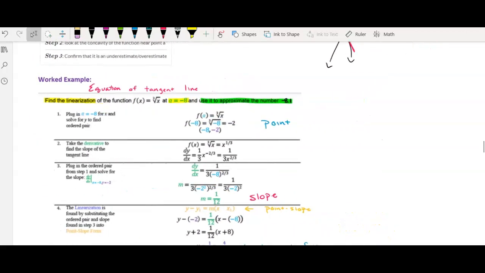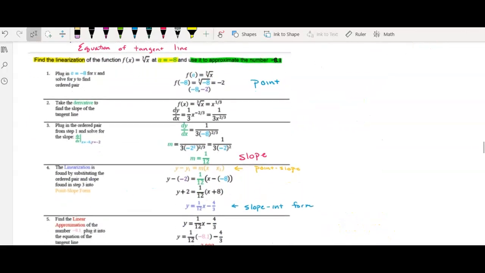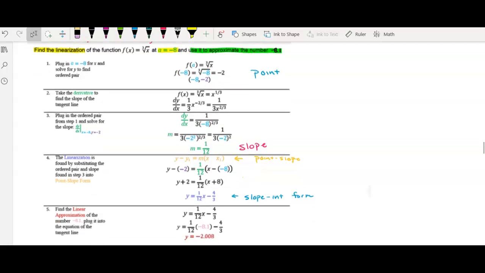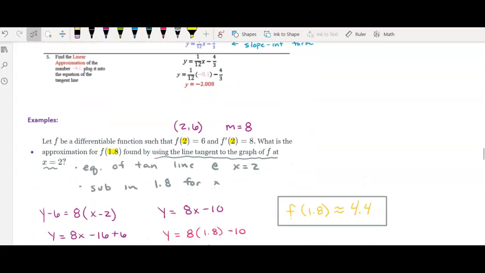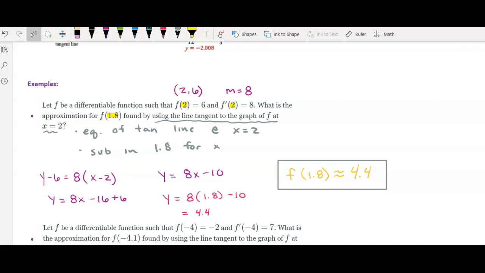Here's an example, all worked out for you. Here's another example. Let f be a differentiable function such that f of 2 equals 6 and f prime of 2 equals 8. So I know the point is (2, 6), and I know the slope is 8.